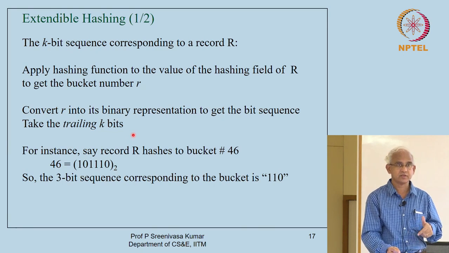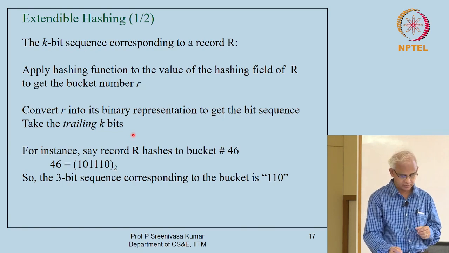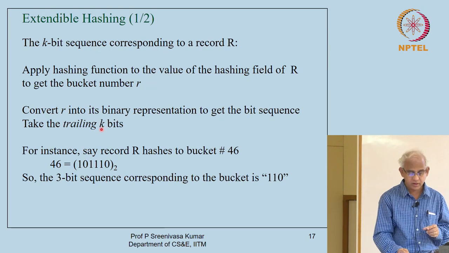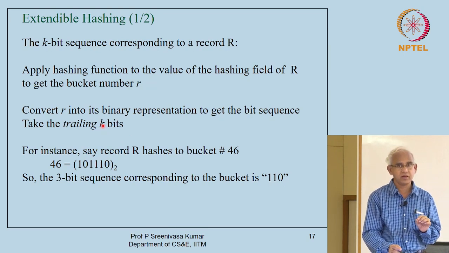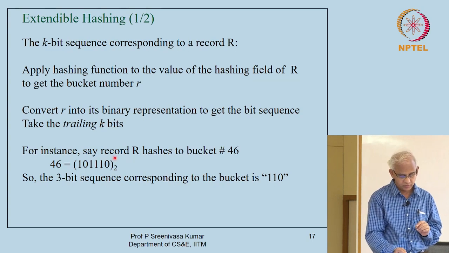Now we will see how exactly we make use of these k bit sequences, and this k will be varying over the usage of this scheme. For instance, if you get a bucket number 46 and convert it into binary, the 3 bit sequence corresponding to this bucket would be 110.